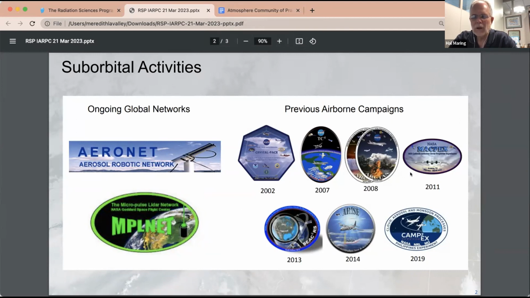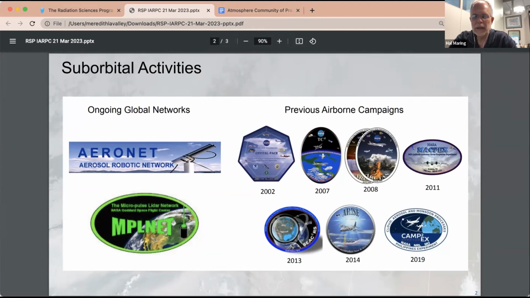I also support airborne campaigns, and I put the logos for the airborne campaigns I've supported over the years.